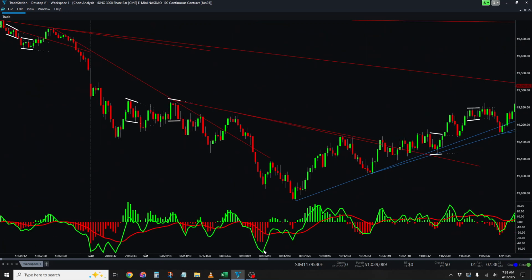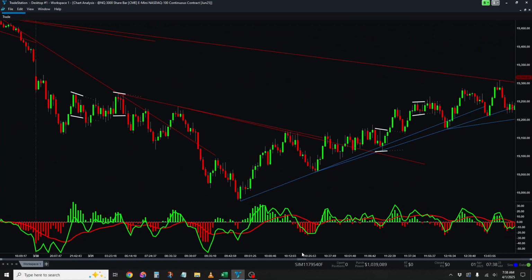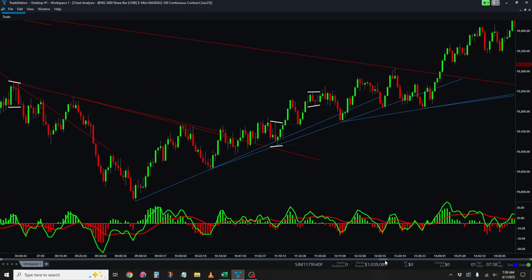But this is what you expect in a market. I probably bought somewhere in this area once it looked like things were starting to turn around. We got some new momentum highs here, but you can see how choppy it is going up.